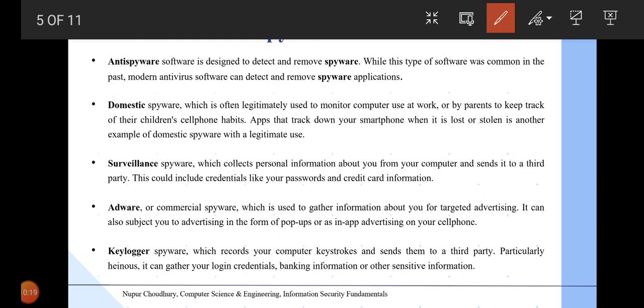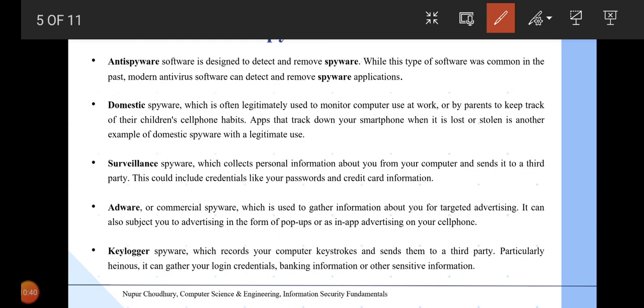While this type of software was common in the past, modern antivirus software can detect and remove spyware applications as well. Now, talking about spyware, we have a number of spywares which are basically a threat to our system. So, we will discuss some of them here.